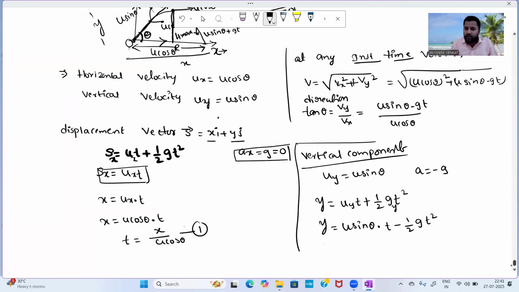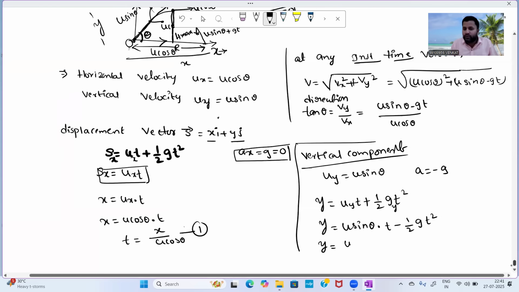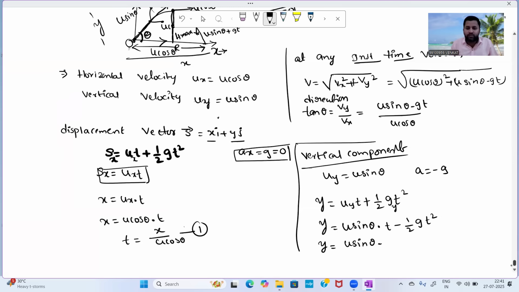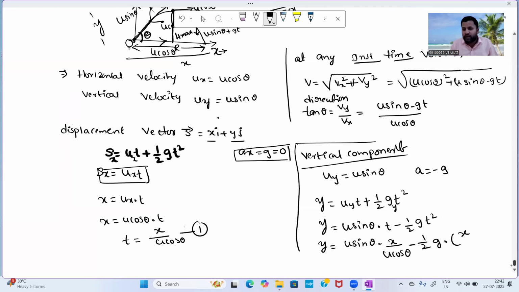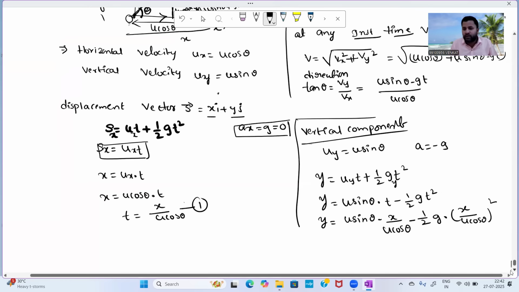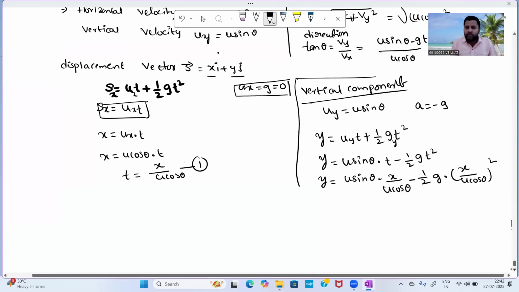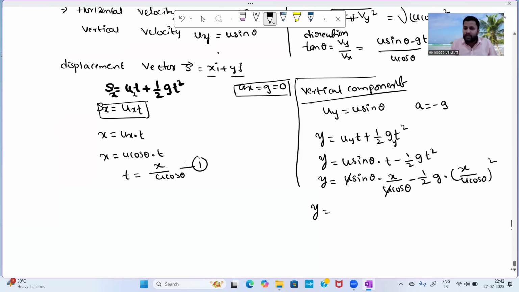So y equals u sin theta, and from equation 1 we can write x by u cos theta, minus half into g into (x by u cos theta) whole square. Now u gets cancelled, and sin theta by cos theta is tan theta.